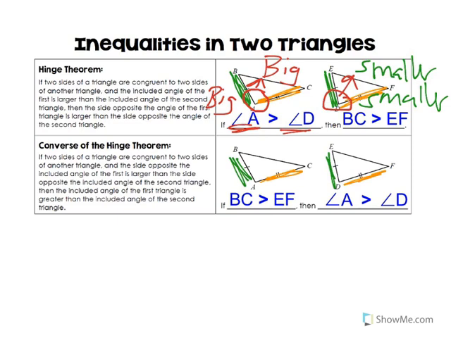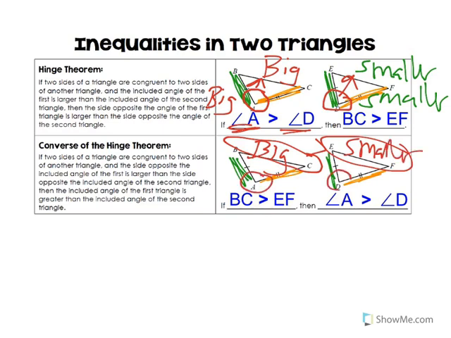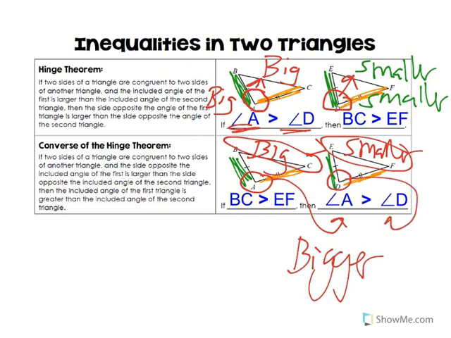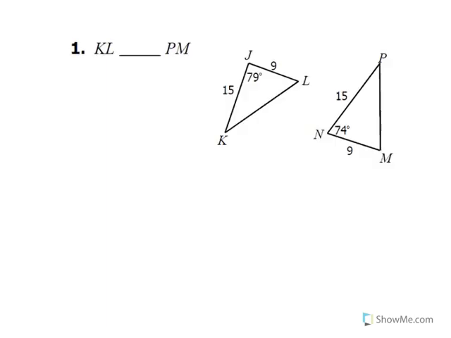If we look at the third side, so if side BC, if this side is bigger than EF, then the angle A is going to be bigger than angle D. So let's look at some examples using this.